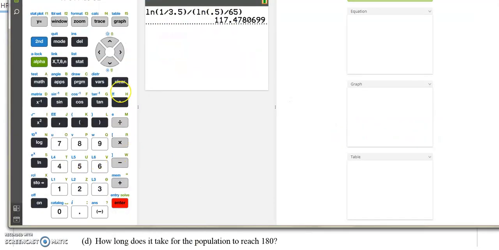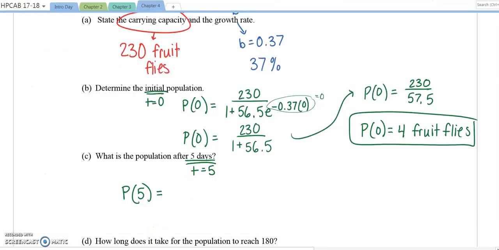Looking at that formula, we've got 230 divided by, and we do need parentheses here, 1 plus 56.5 e to the negative 0.37 times our t, which our time here is 5 days.